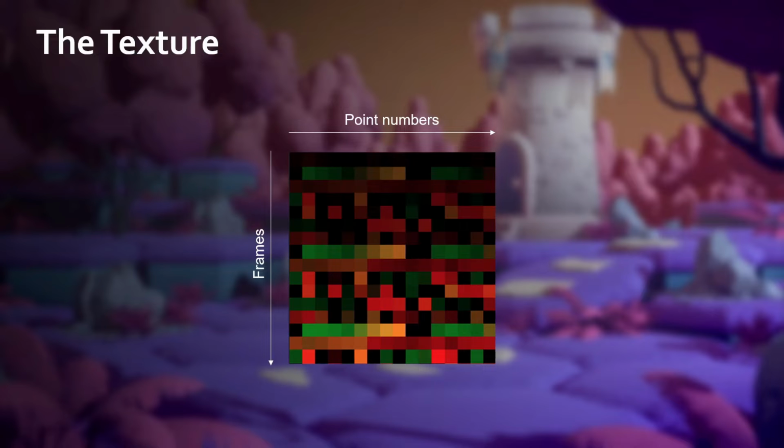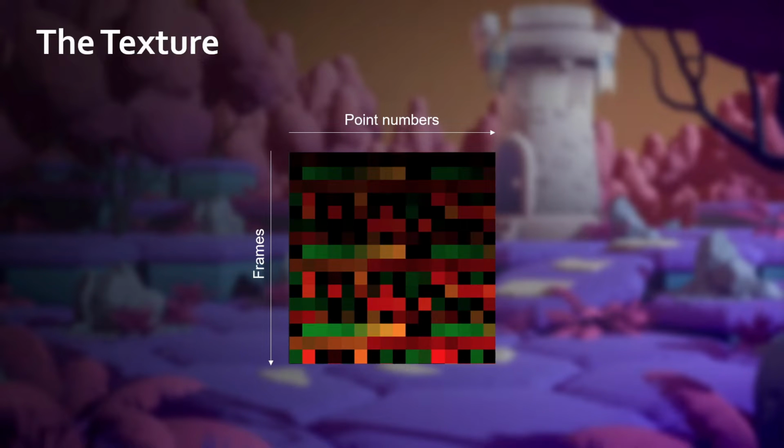The texture itself will have the point numbers, so it knows what to do with each pixel on the point. And it will also have the frame numbers in the height. So each pixel here is very important. It holds important data to drive the model in the shader.